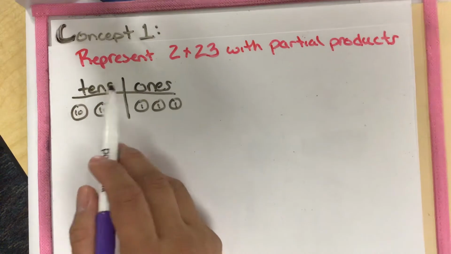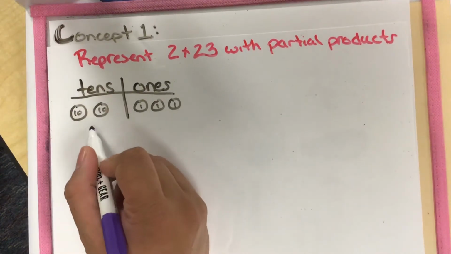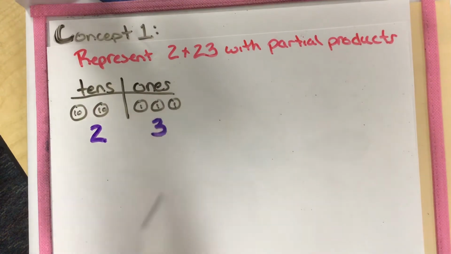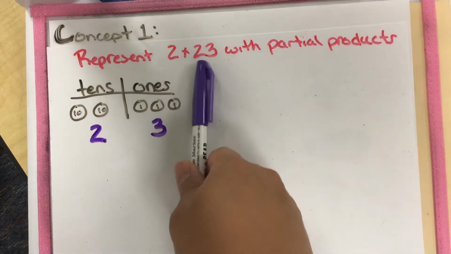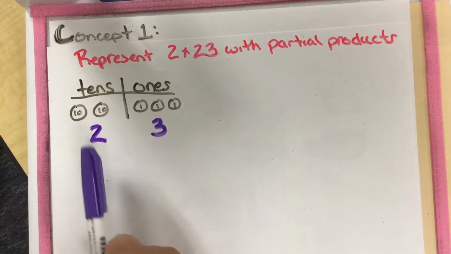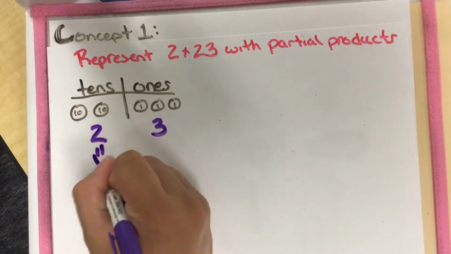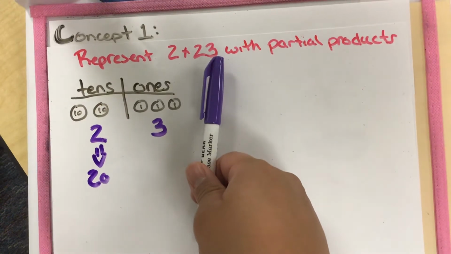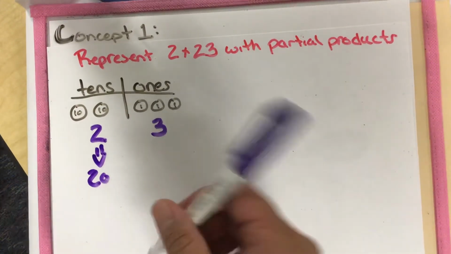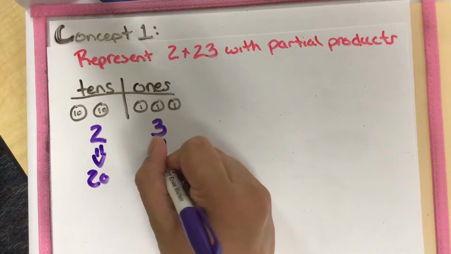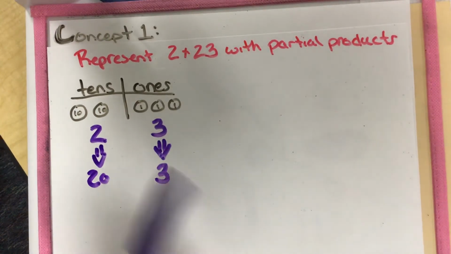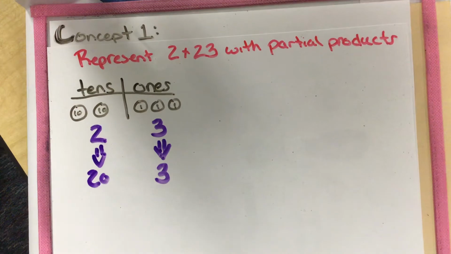As we can see here, for our tens we have 2 tens, and we have 3 ones. The digit here is a 2 in the tens place, and that equals 20. The 3 is in the ones place, so we have 3 of them. The value of that 3 equals 3, because when we add 20 plus 3, we get 23.